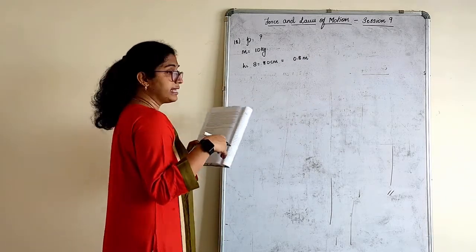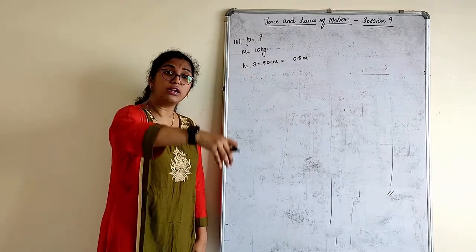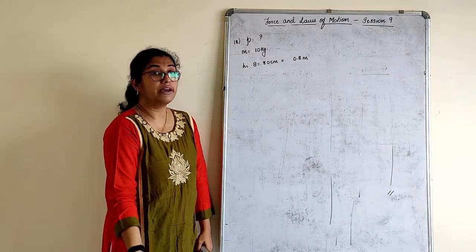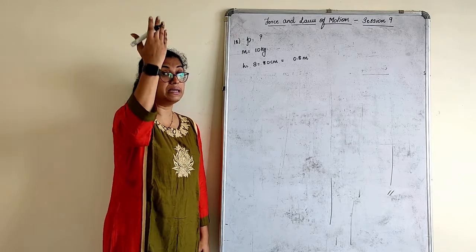Take its downward acceleration. It is falling, that means it is a plus acceleration. We are not throwing the dumbbell up, that time it would be minus.